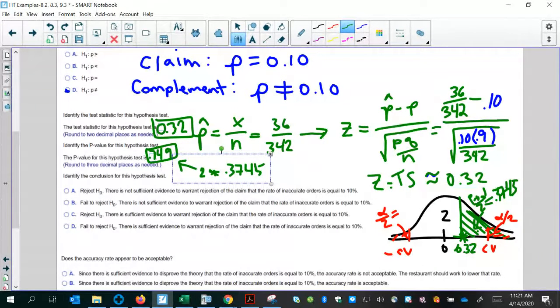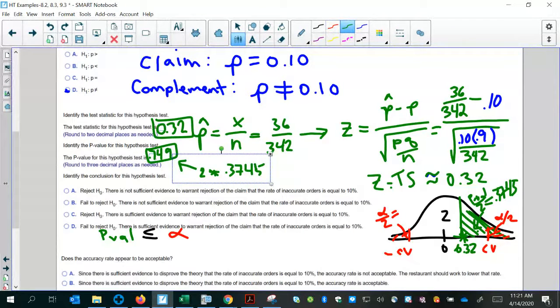Remember that rhyme, if the p-value is low, the null must go. Low compared to what? Compared to the maximum probability of making a type 1 error. So we're looking to see if this is true, and if it is true, we will reject the null hypothesis.